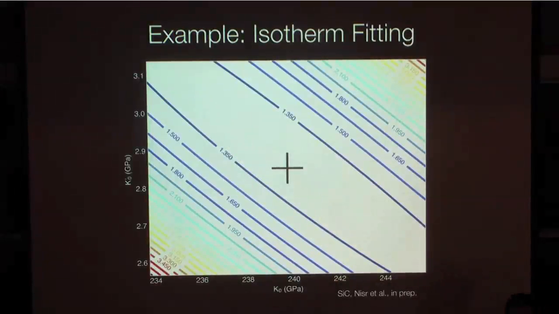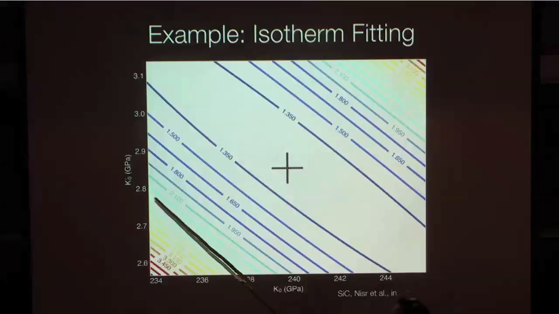And that's a pretty scary message, that there is a correlation between them. So the typical way mineral physicists approach this problem is to constrain, for example, K0 from other experimental values like direct elasticity measurements. Then you have a known value for this, fix it, and then you get this one. So that's the approach.